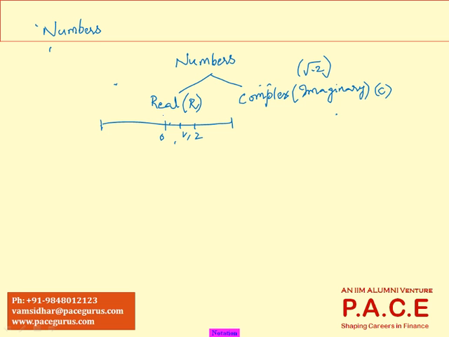Right? Then these real numbers, again I can categorize into two broad groups called rational numbers or irrational numbers.